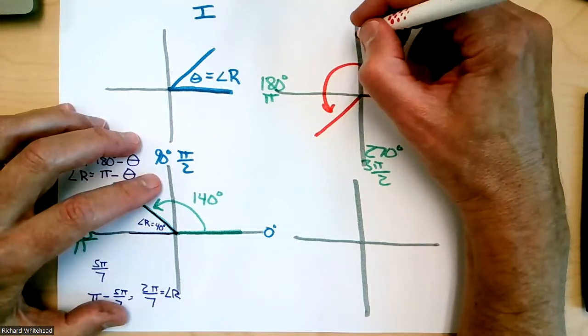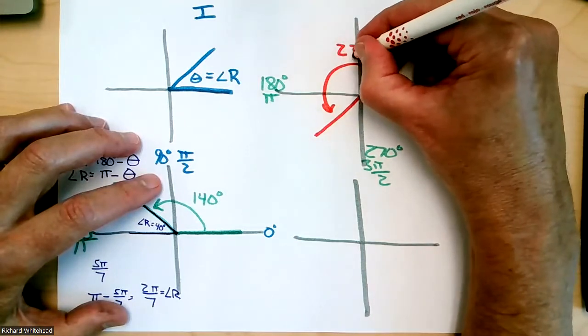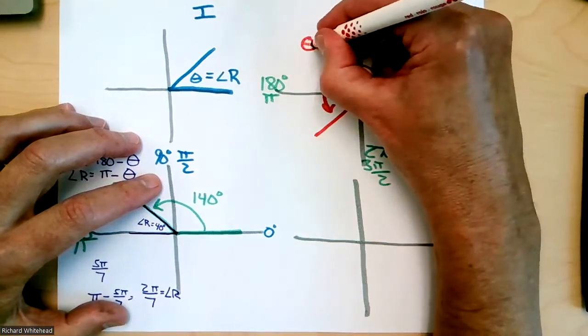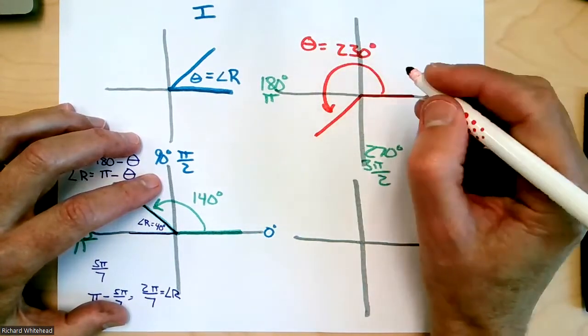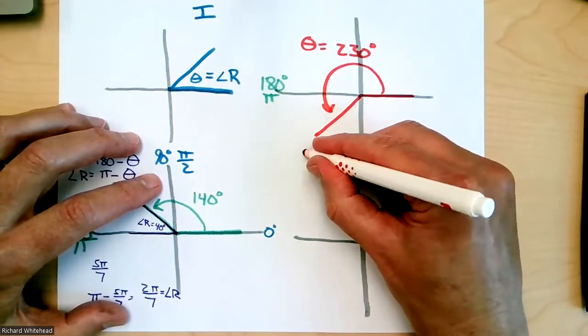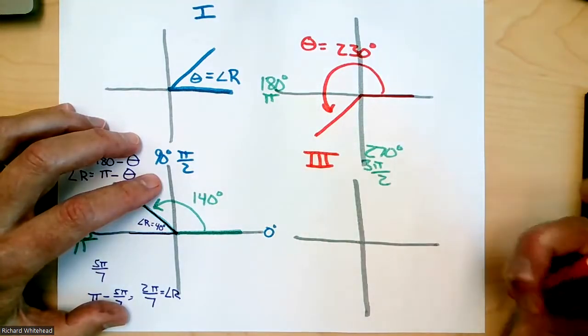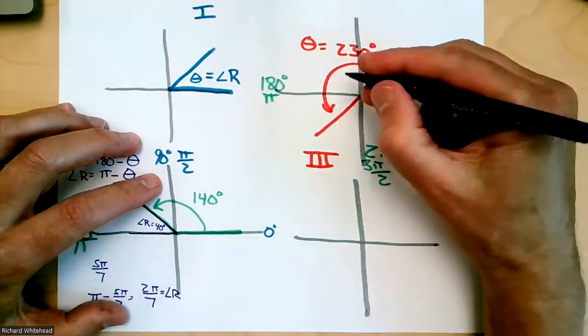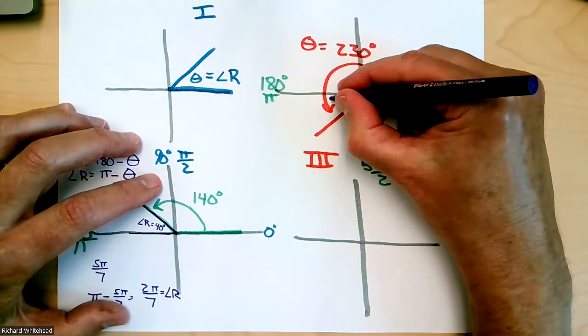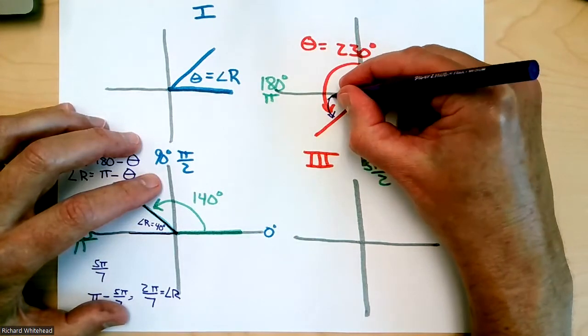What do you want to call it? 230 degrees. So theta is equal to 230, which is definitely in the third quadrant. So you're saying my reference angle is going to be this guy here. That's my reference angle there.